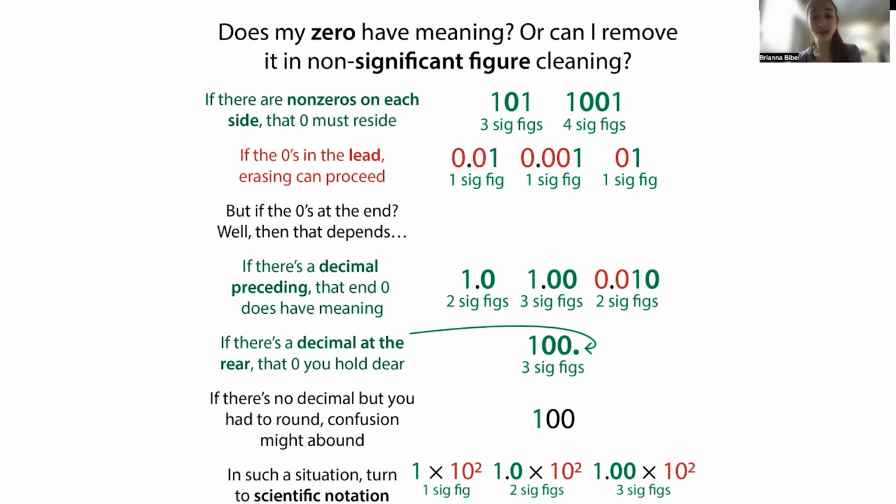In the case of numbers ending in zeros, this is like our theater example, where we have empty seats to the right of the last person that sat down. When the detective comes in and sees all these empty seats, are they empty because no one wanted to sit there, or because they're cordoned off so no one could sit there? If no one could sit there, then that doesn't really tell us anything. But if people could sit there and no one was sitting there, then that would tell us something.